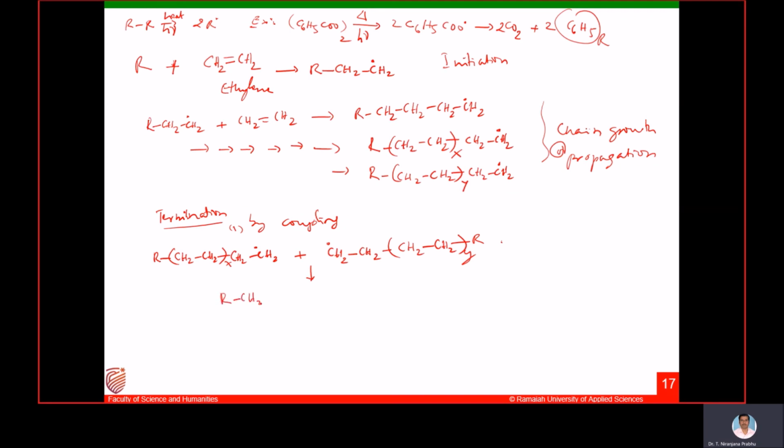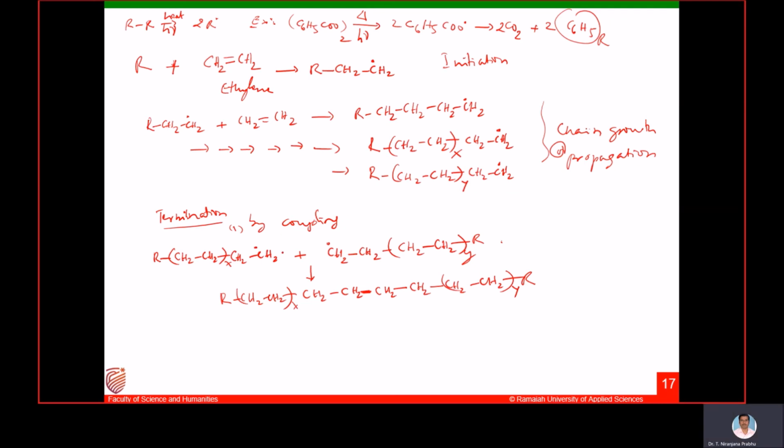R CH2 CH2 X times CH2 CH2. Now the combination, this new bond is forming. This one electron has formed a new bond. CH2 CH2 Y times. Okay, so new polymer, stable polymer. Now further no reactions are possible. Okay, this is termination by coupling.